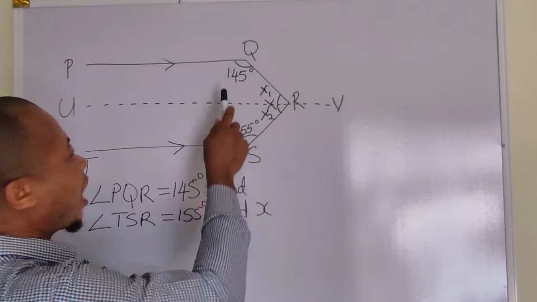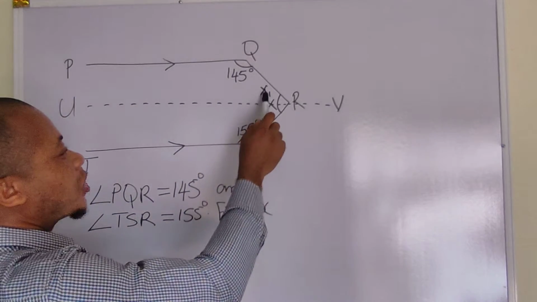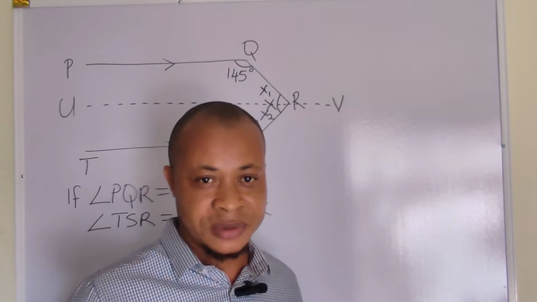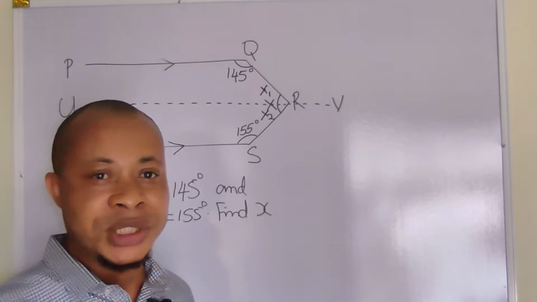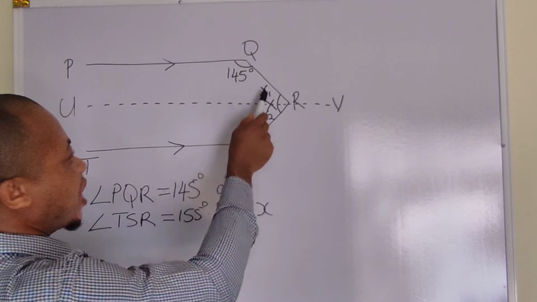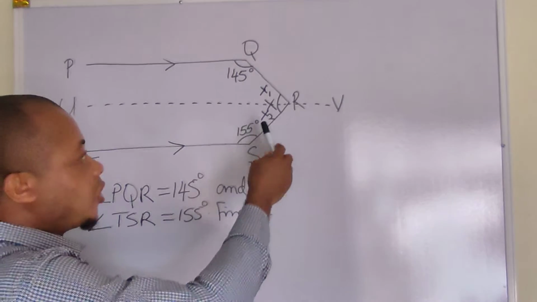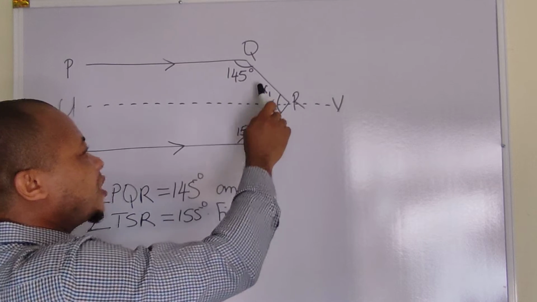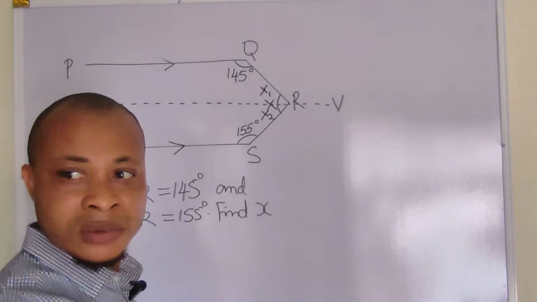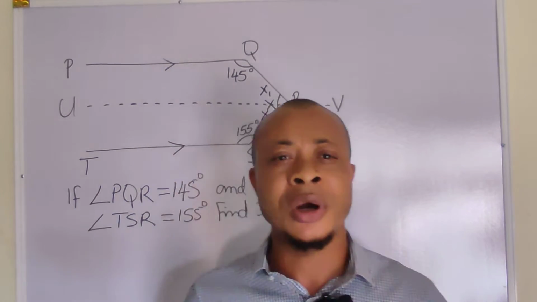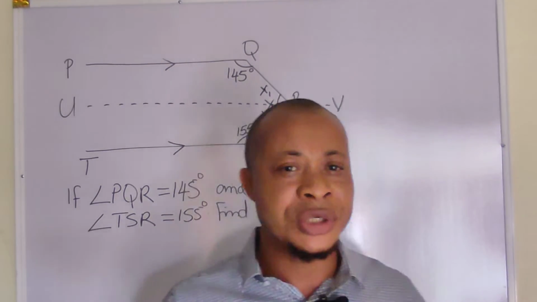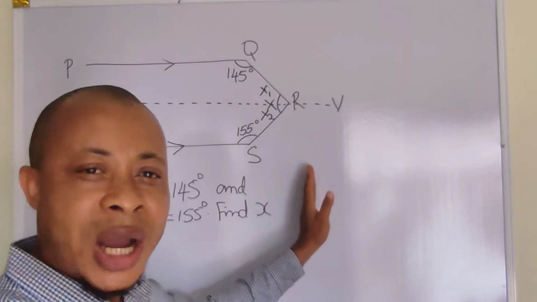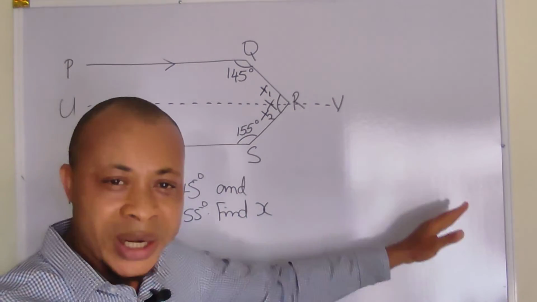And we know that angle 145 degrees plus this x1, all of them are interior opposite angles. You know, in straight line, we know what we call interior opposite angles. If I have two angles like this facing each other, they are interior because they are inside this shape. From the topic known as straight lines, interior opposite angles equal 180 degrees.